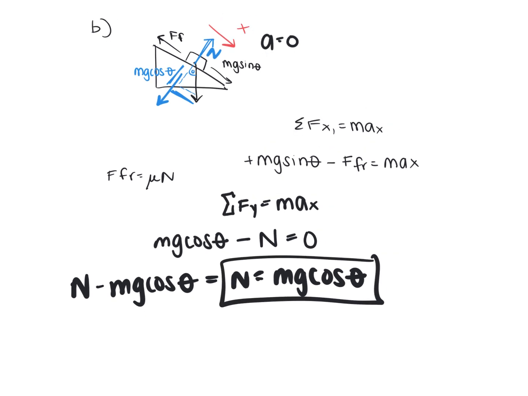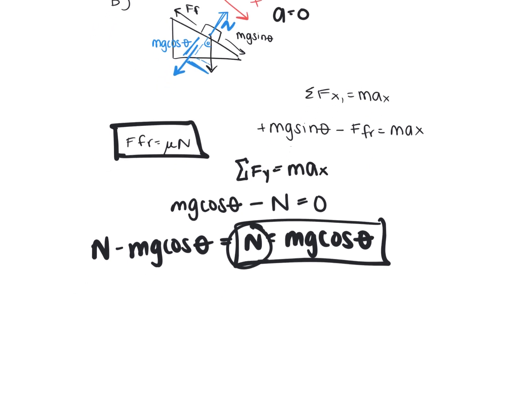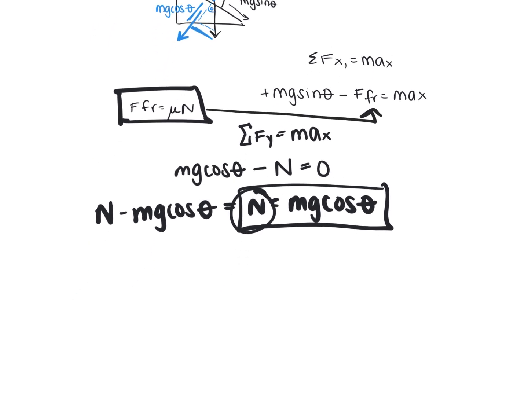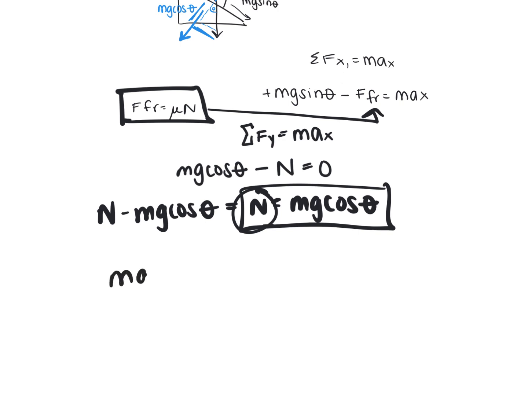So now that we have found n and we know that the friction force is mu n, we can plug it in here, and we would rewrite it as mg sine theta minus mu mg cosine theta.